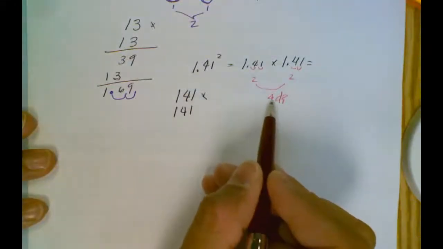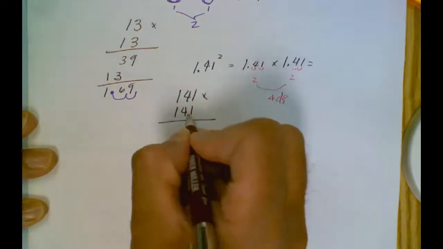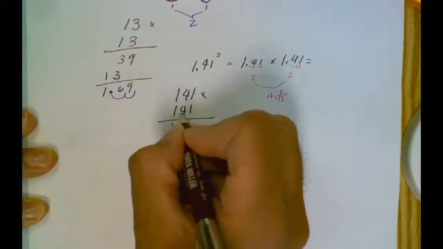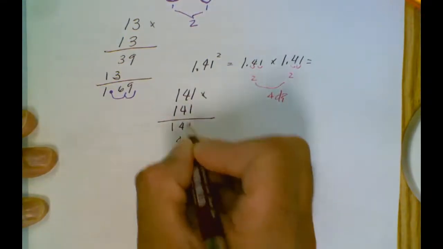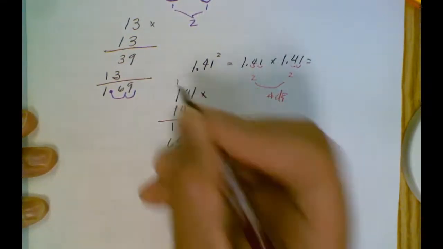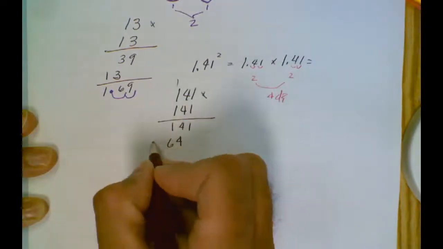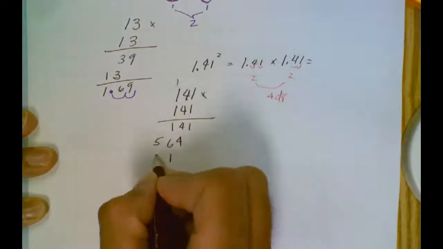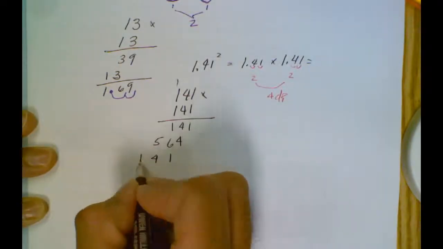See, I'm not writing the decimal point because I'm going to run 4 to the left. 1 times 1 is 1, 1 times 4 is 4, 1 times 1 is 1. 4 times 1 is 4, 4 times 4 is 16, add 1. 4 times 1 is 4 and 1, 5. 1 times 1 is 1, 1 times 4 is 4, 1 times 1 is 1.